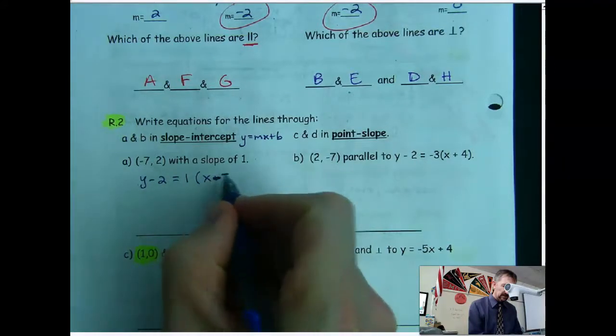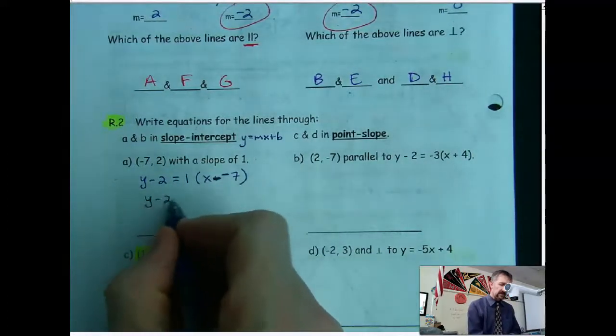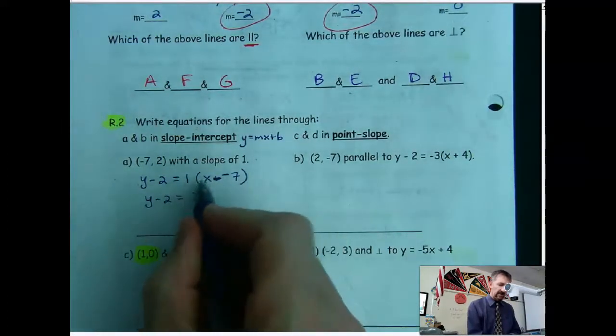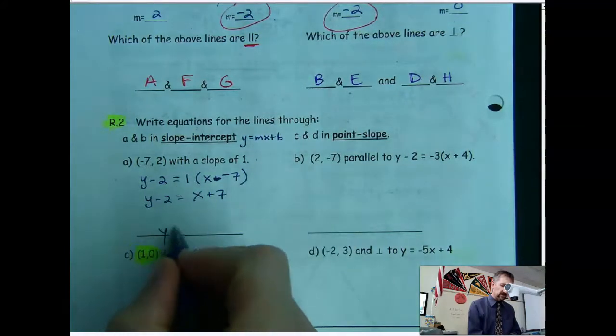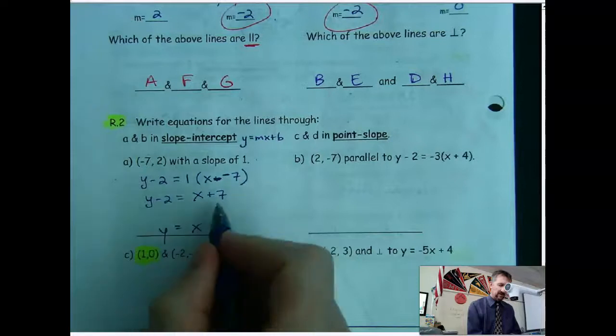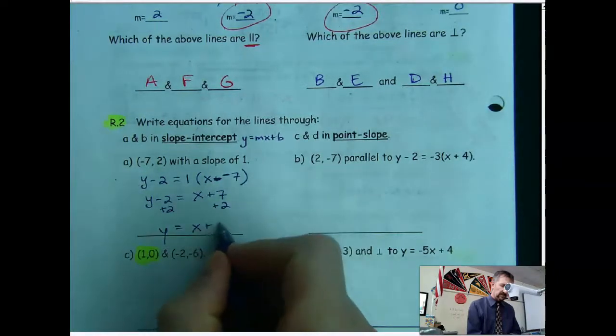Since they asked us to do slope-intercept form, I would have to distribute, but it's just 1, and that would be the plus 7 there. And then add 2 to both sides, so that would be plus 9.